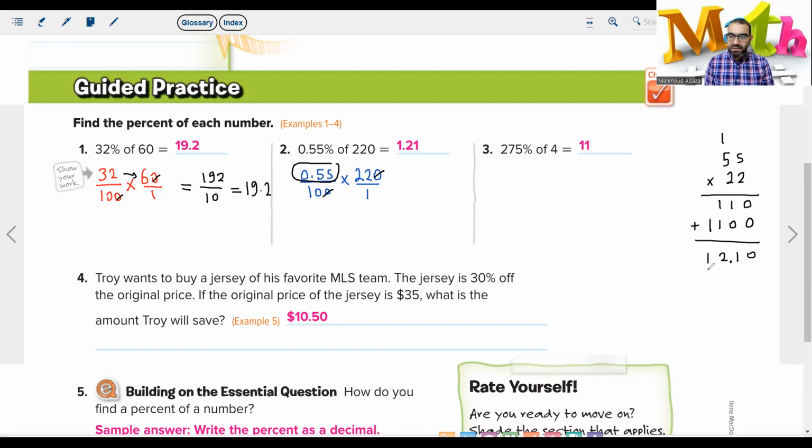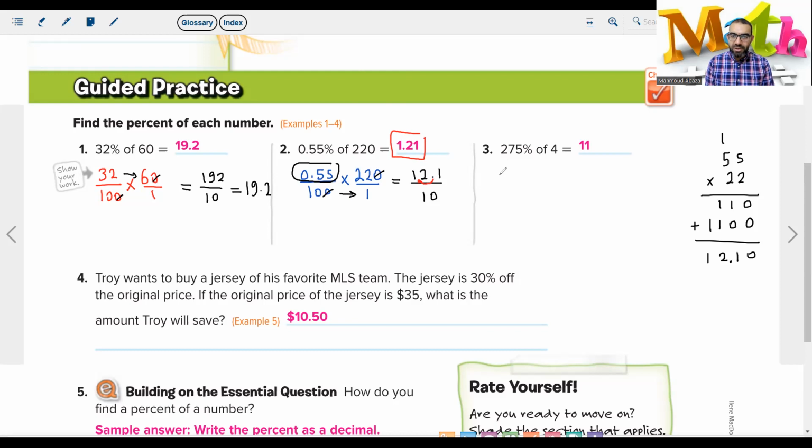So it's like 12.10 or 12.1. So the numerator is 12.1. Don't forget the denominator, which is 10. Now over 10 means we divide by 10, and when we divide, we move the decimal point to the left one place. That's why it will be 1.21.